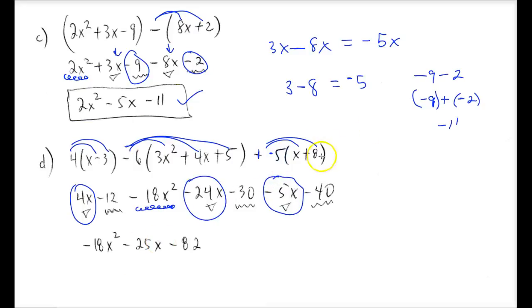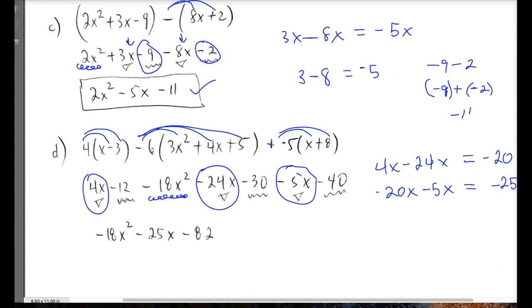So if we have 4 apples and then we take away 24 apples, that leaves us with -20 apples. But then we have this other -5 here. So -20 apples minus 5 more apples. So I take away 20 and then I owe someone else another 5 apples. Altogether, that's going to be 25 apples.